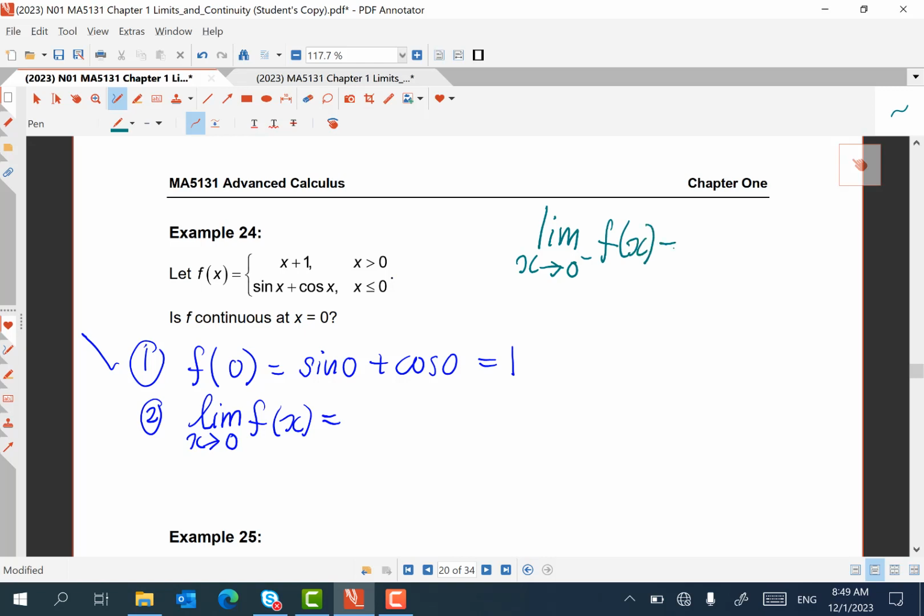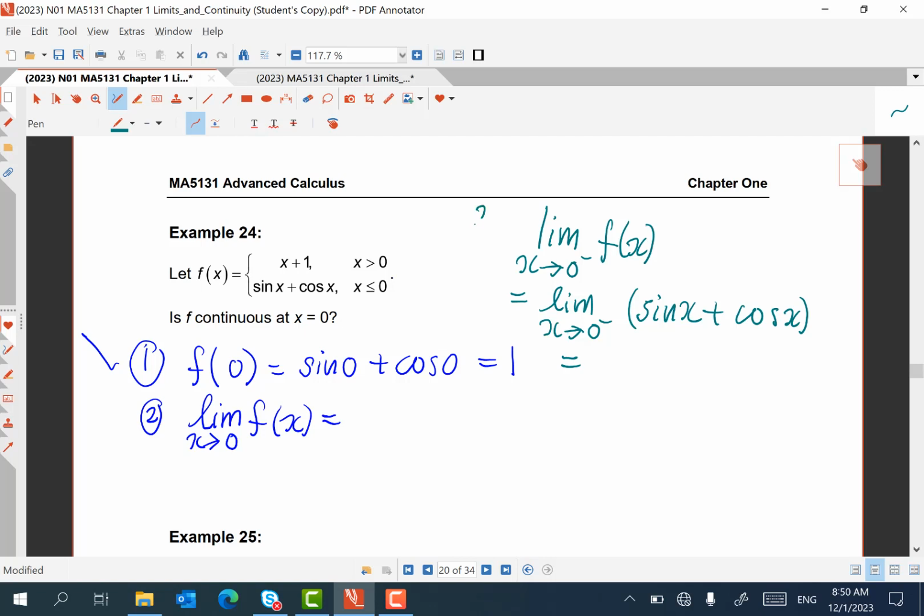Now, when you find the left limit, we prefer that you write down which function you are using, so that we know that you know. In this case, 0 minus must be sine x plus cosine x. Are you allowed to present your working with a 1, 2, 3? Yes, 1, 2, 3 can.